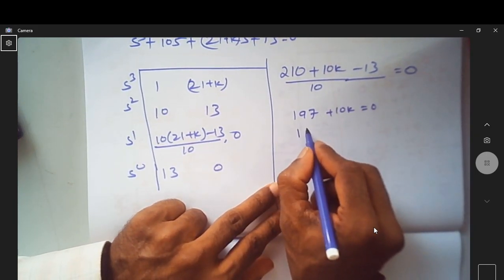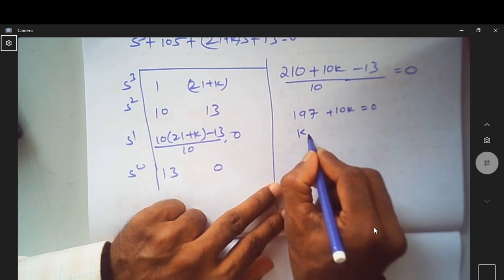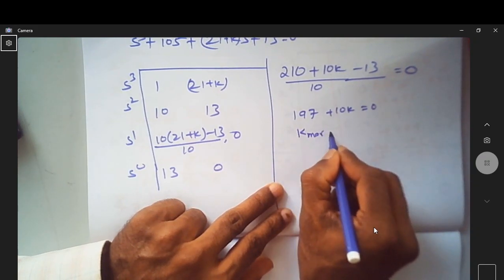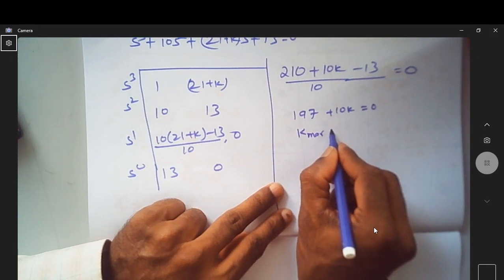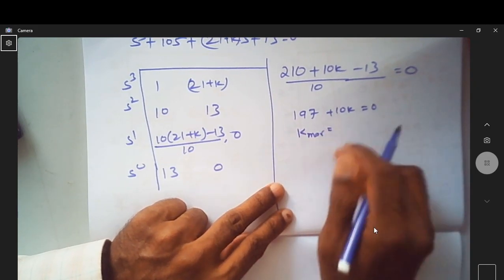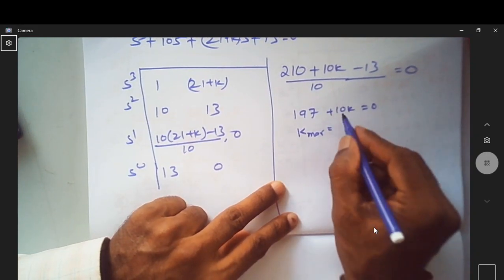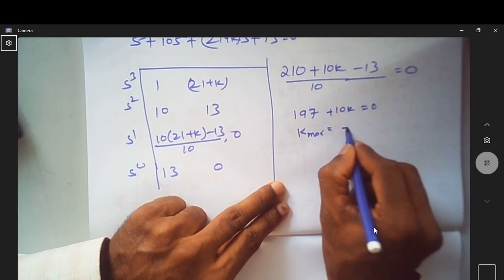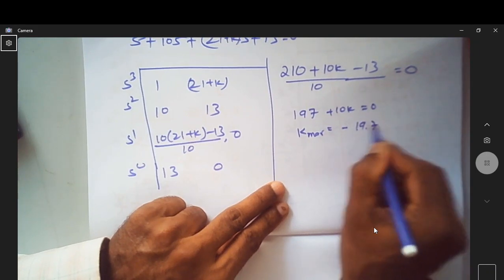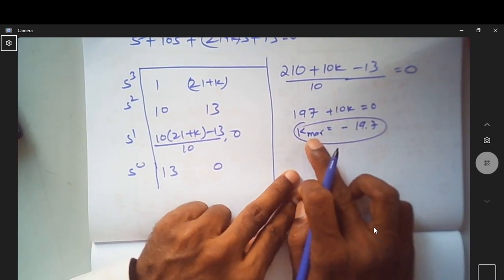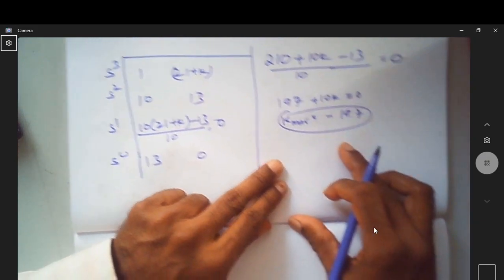So then what is the k margin? If you find the k margin, it happens to be minus 19.7. What does this indicate?